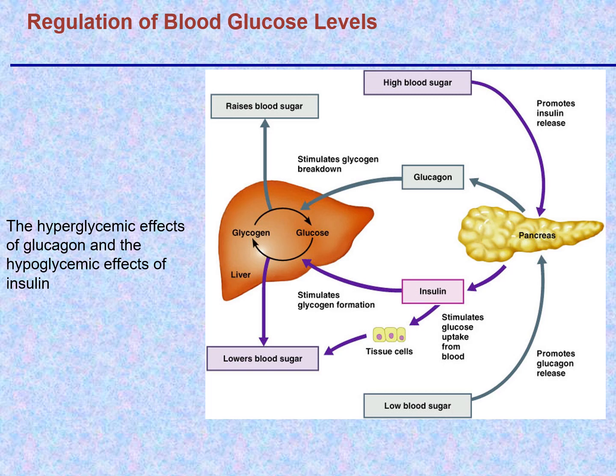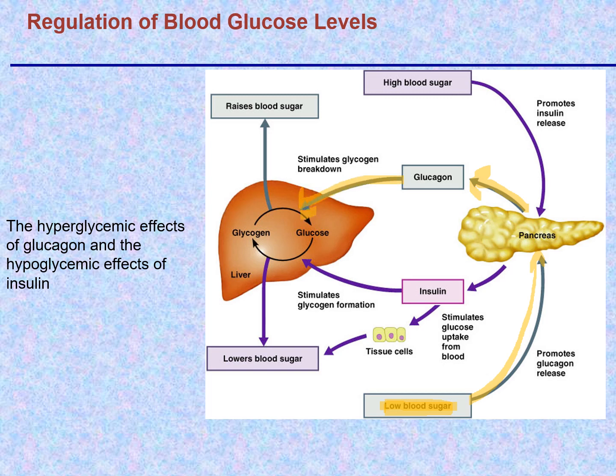So the trigger for glucagon release from the pancreas is a low blood sugar. If the glucose level in the blood plasma drops below requirements of the body, then that triggers the pancreas to produce and release glucagon. And glucagon, of course, stimulates glycogen breakdown.